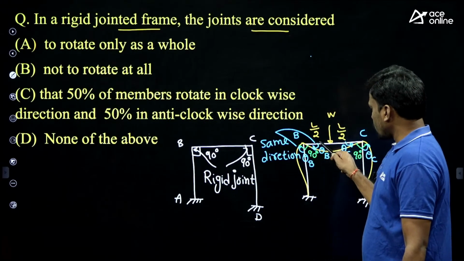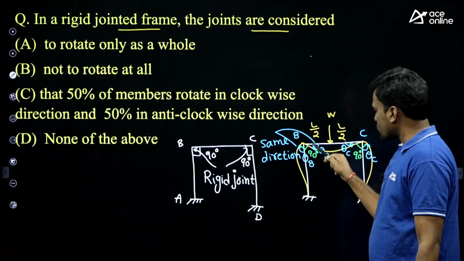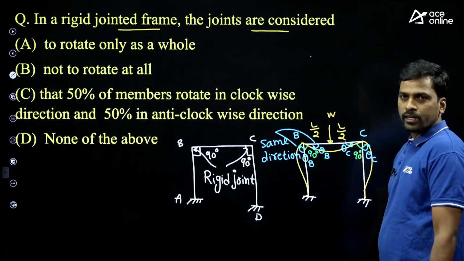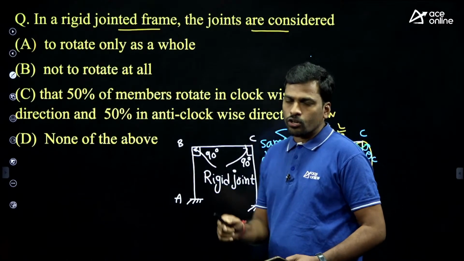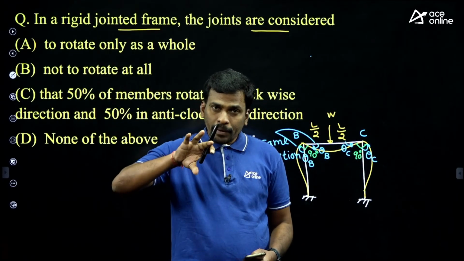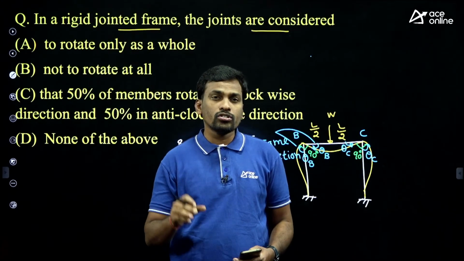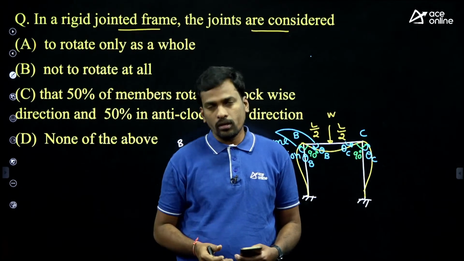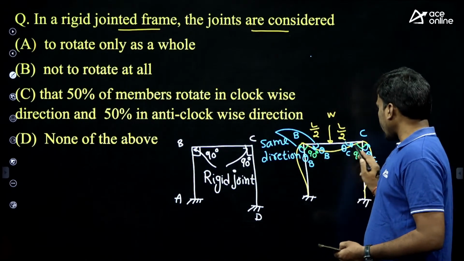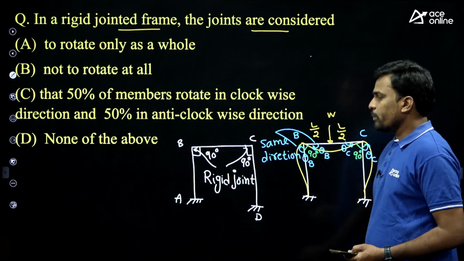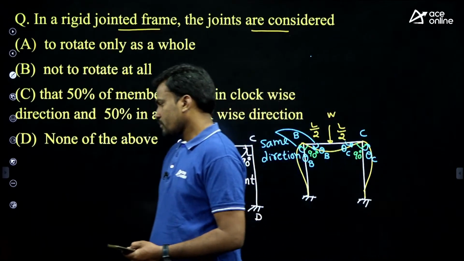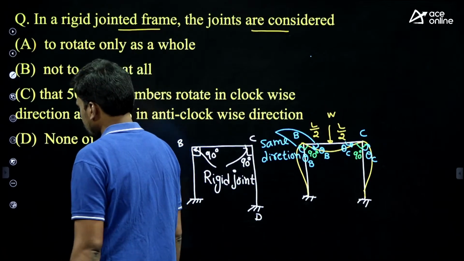Yes, there is a rotation at joint B, theta B, and a rotation at C, theta C. The rigid joint will also rotate, but not individually; the complete joint will rotate as a whole. Only then does the included angle between the members remain the same. Now students, can anyone tell the answer? I will give an explanation.